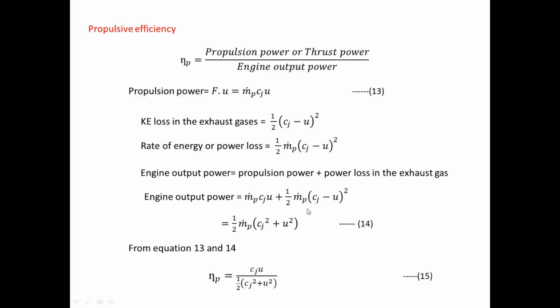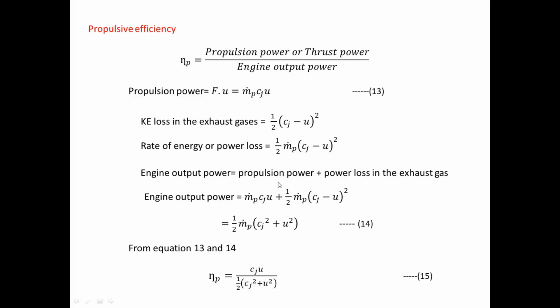If you add these two values, you'll get half into m dot p into (Cj square plus U square), because the m dot p Cj U term will get cancelled. So the kinetic energy loss in the exhaust gases will be equal to half into the final velocity minus initial velocity all square, and the rate of power loss will be equal to half into m dot p into (Cj minus U) all square. If you add these, you will get the engine output power.